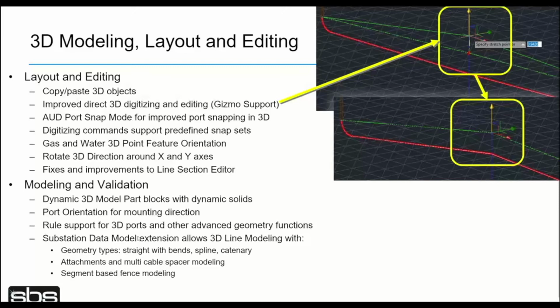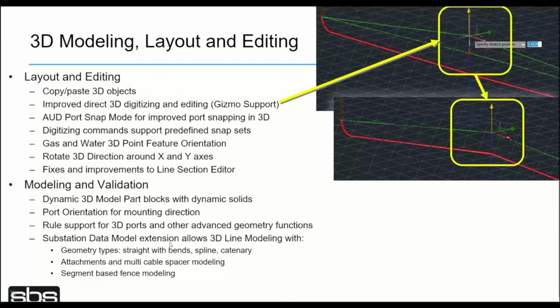Some of the other scenarios relate more specifically to very detailed 3D modeling where you're nesting objects on each other. This generally comes up a lot in the substation design scenarios, although this could be used for distribution cases where you're wanting to do some very detailed modeling, say inside of a vault, or do a really detailed overhead framing modeling.